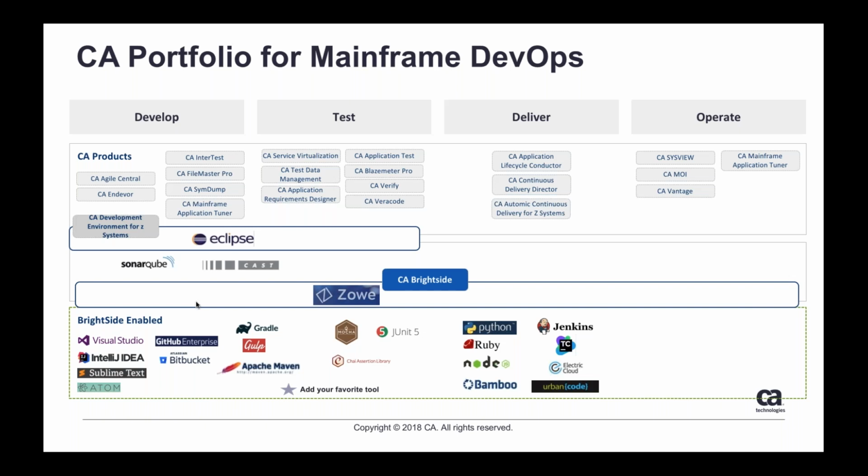The first one was Eclipse, that made a significant improvement in terms of helping with interactive workflows, but it really didn't crack that automation part.